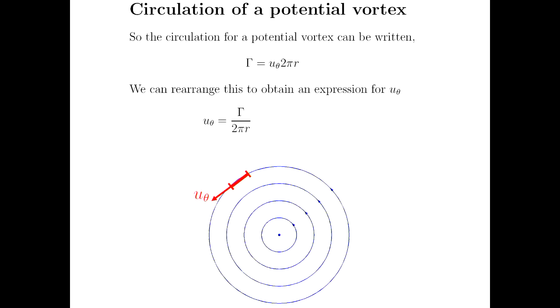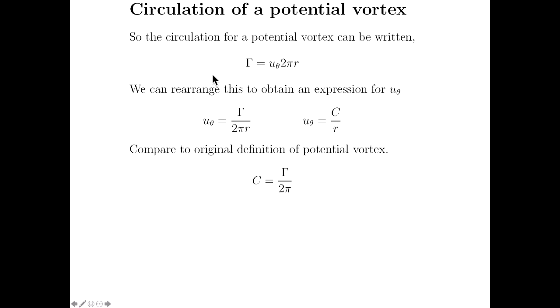Okay. Now, I can compare this with the original definition of a potential vortex, which is u theta equals c, some constant, divided by r, right? And I can then show that that constant c is just equal to my circulation divided by 2 pi. Okay.